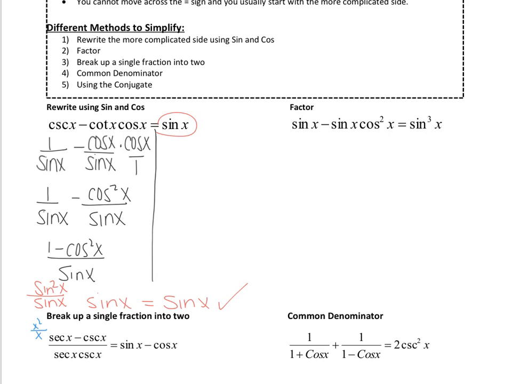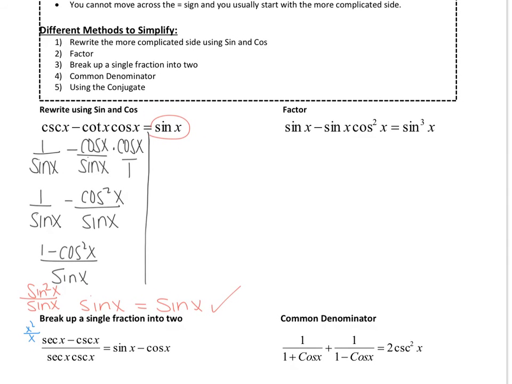So I want to prove that this left side here equals the right side. So I'm going to draw a line, and I'm going to try with the more complicated side. And the more complicated side is obviously this one. And this is an example of how we could use factoring. So do you see how there's a sine x here and a sine x here? We're going to divide out the sine x. And what would we be left with? After we divide sine x here, we get 1.